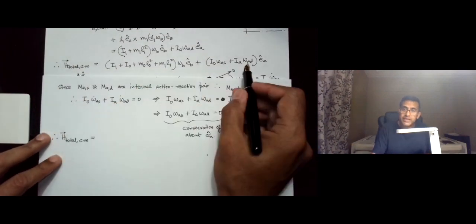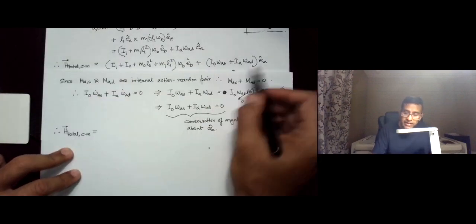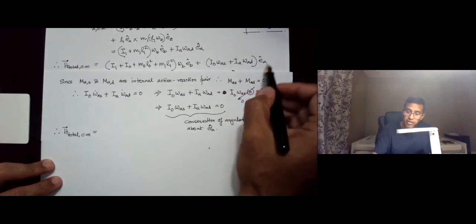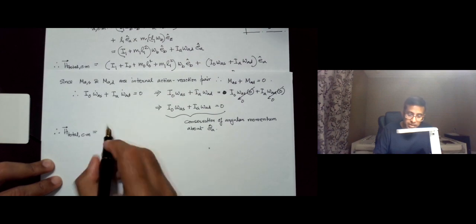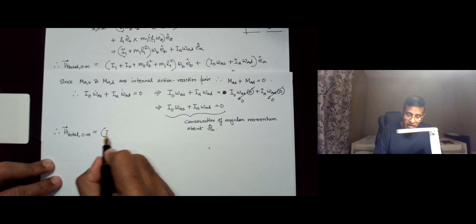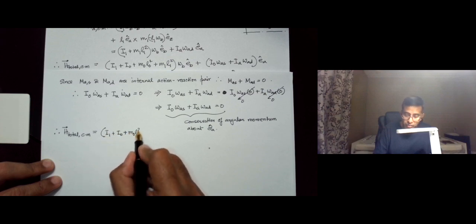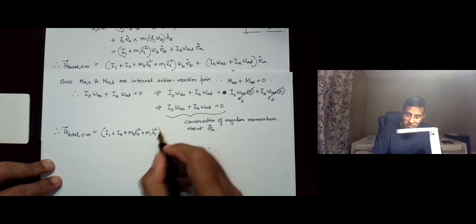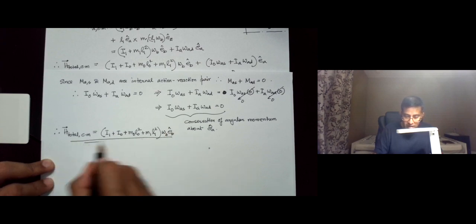This was the expression that we had, right? And now we can say that this term is equal to 0 because we just proved the conservation of angular momentum along the EA direction. Therefore, the net angular momentum is in the EB direction. It is given by I1 plus I0 plus M0 L0 squared plus M1 L1 squared times omega B EB. So that's the solution of part 2 of the problem.